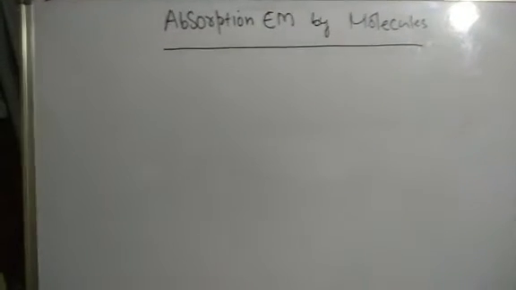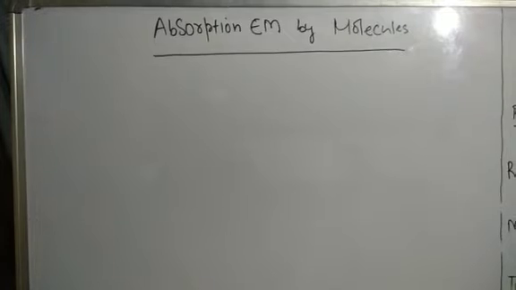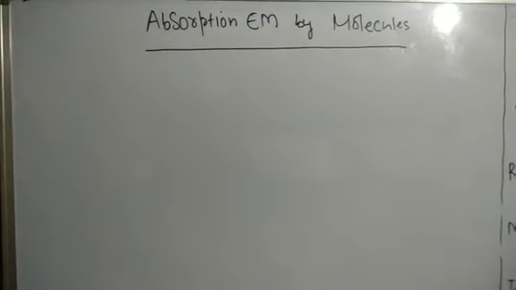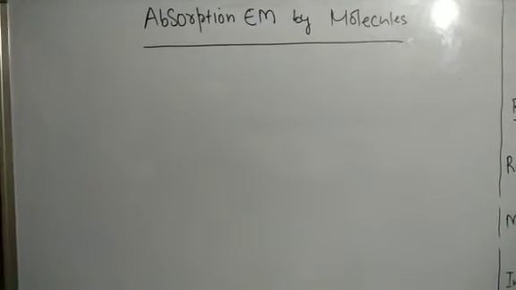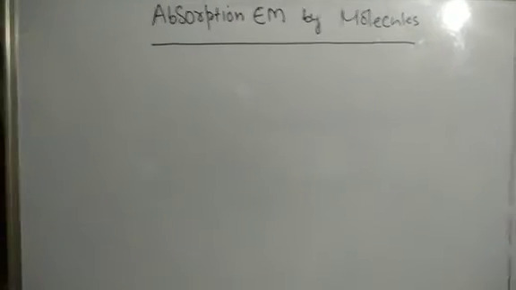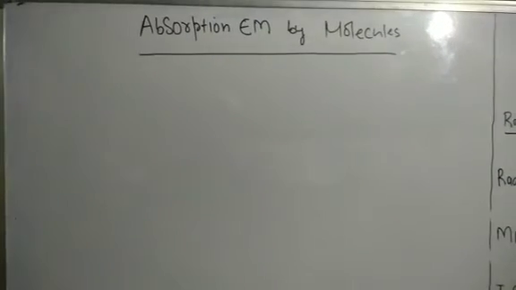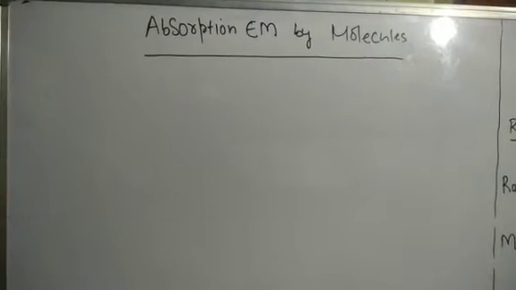In the previous topic we dealt with the basics of spectroscopy, where we said that in this branch of spectroscopy electromagnetic radiation interacts with matter. That interaction gives us information about the structure of molecules and atoms.